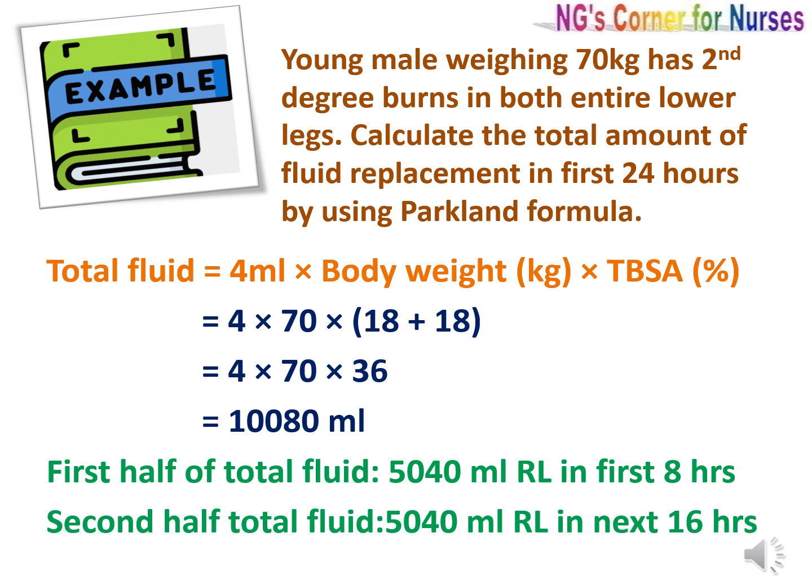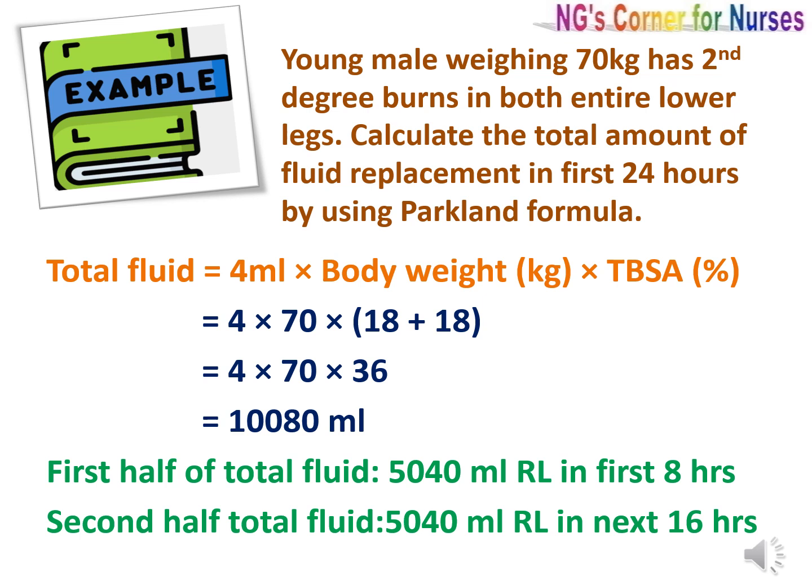Let's see an example. A young male weighing 70 kg has second degree burns on both entire lower legs. Calculate the total amount of fluid replacement in the first 24 hours using the Parkland formula. So the formula is total fluid equals 4 ml times body weight in kg times total body surface area percentage. So 4 times the body weight, 70 kg, times the total body surface area. Here both entire lower legs are injured. According to the rule of 9, each leg is 18%.